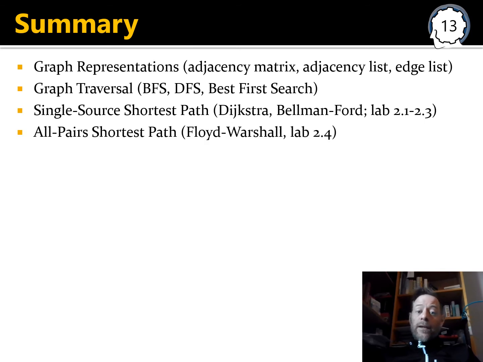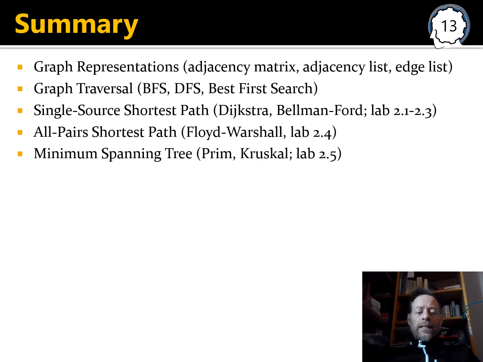Then we have the all pairs shortest path, Floyd-Warshall. And finally, we have the minimal spanning tree, either using Prim's, basically visiting the nodes from cheapest to most expensive, or Kruskal's, where we greedily select the edges instead.